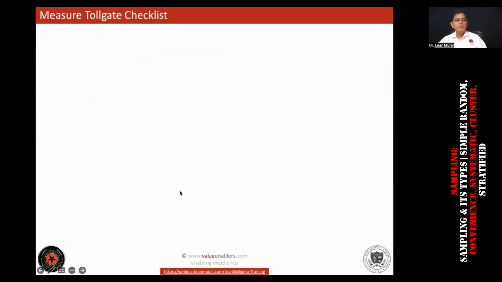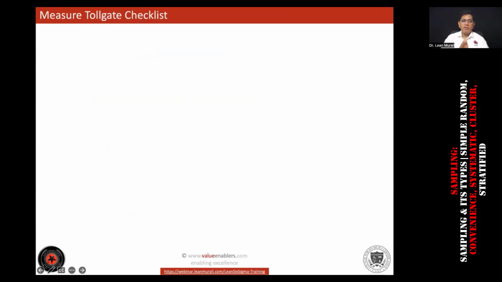So finally, we are coming to the measurement toolkit checklist. It is very important that in the DMAIC methodology, I want all of you to type DMAIC in the chat box. Define, measure, analyze, improve, and control.